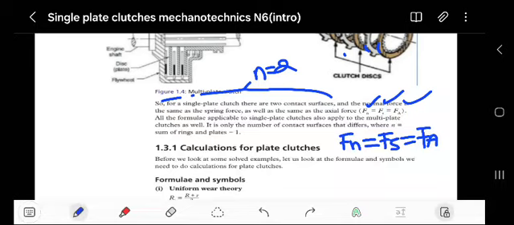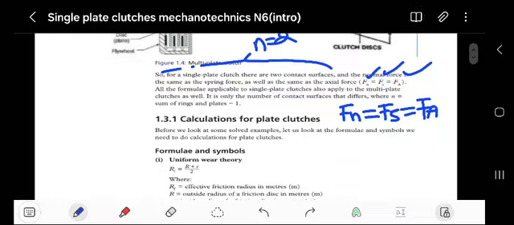So how do we find the number of contact surfaces of a multiple clutch plate? It's only the number of contact surfaces that differs from the single one, which we know is equal to 2. But when you're dealing with multiples, there will be a difference. Now my question: how do we find that number?